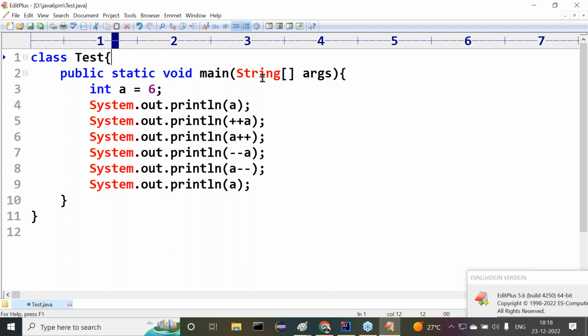It's almost similar to the last class example, but with small changes.